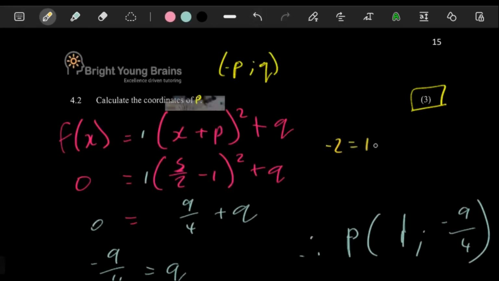So it's x minus 1 squared, and then this is negative 9/4. So it's like negative 2 plus 9/4.